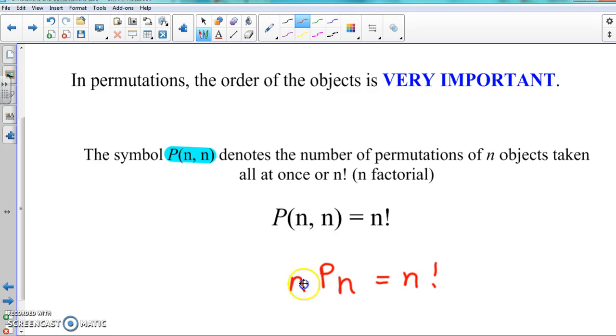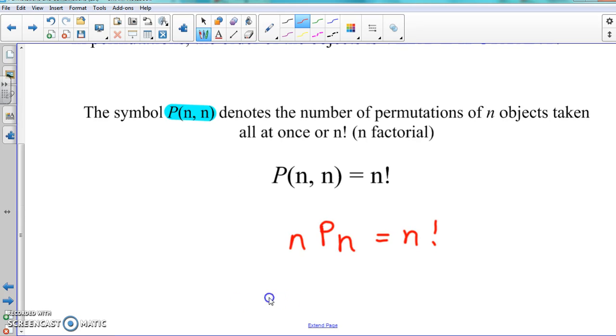You can have this one here or this one, and it gives you the same exact answer. Just depends on what book they give you. So in one, the n's are lower subscripts of P, and in the other, everything's on the same line. So again, n's are lower subscripts, and then P is the regular letter.